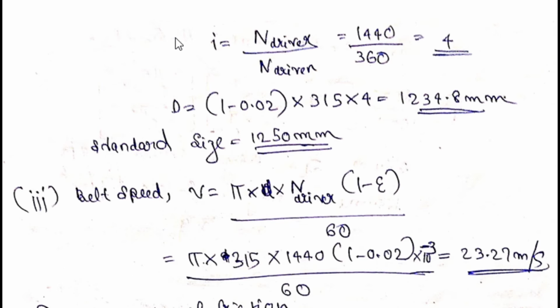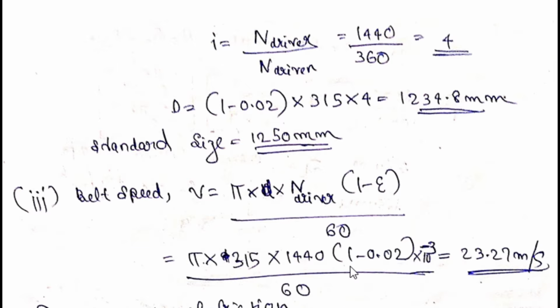As the next thing, we have to find the belt speed. Belt speed is small v. That can be found by this equation: pi d n by 60, into (1 minus epsilon). We know epsilon is slip, that is 0.02. And small d is the diameter of the driver, so obviously the RPM will also be of the driver.